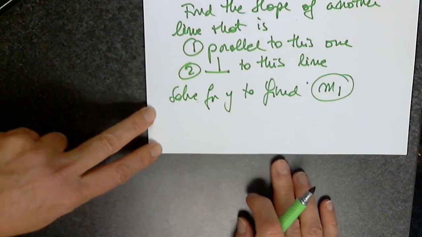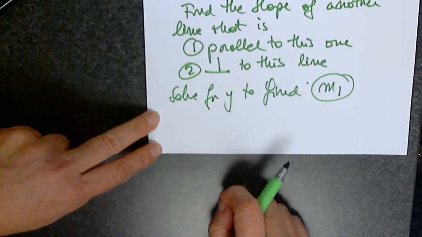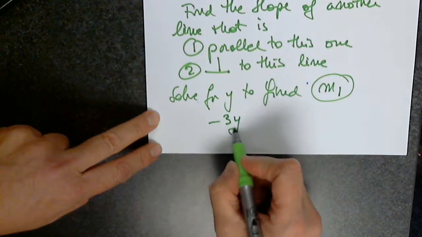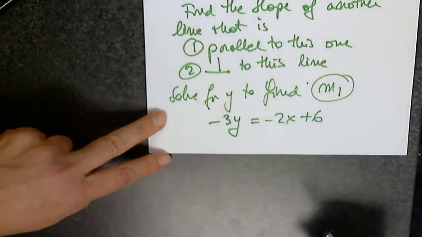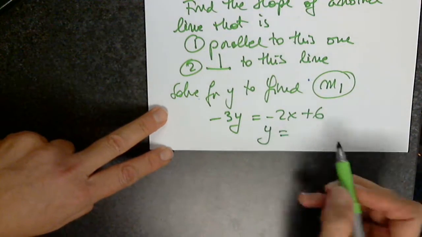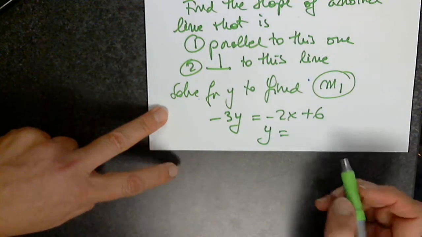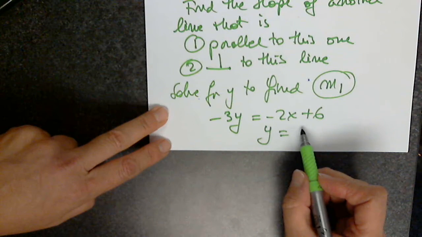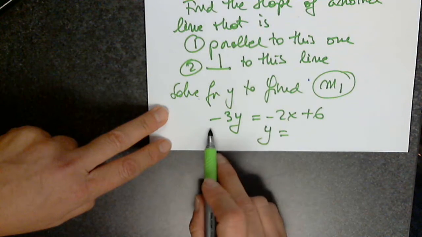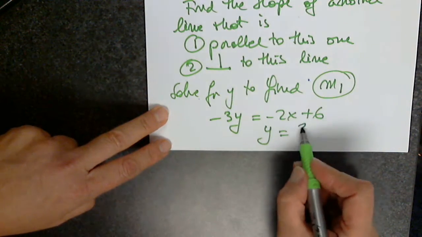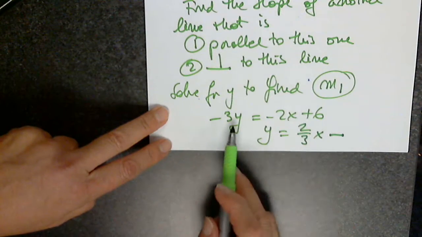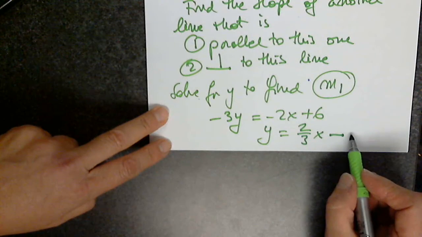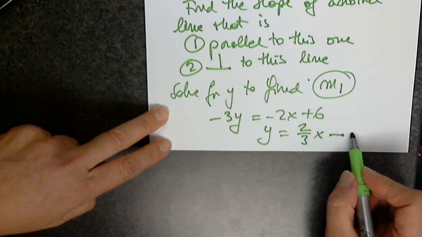Good, I'm ready. What will you tell me to write? Excellent. Negative 2x plus 6. So then y equals negative 2 divided by negative 3, which is 2/3 x, plus negative 6 divided by negative 3, that's a negative 2.